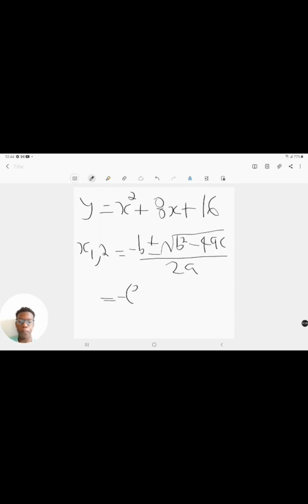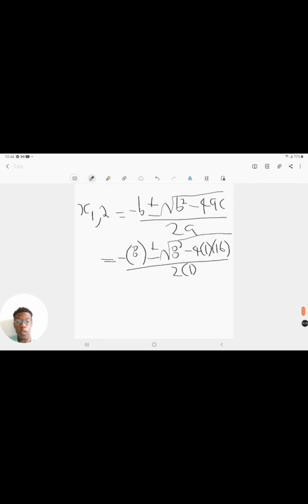B is 8. So minus 8 plus or minus the square root of 8 squared minus 4, a is 1, c is 16, divided by 2 times 1.